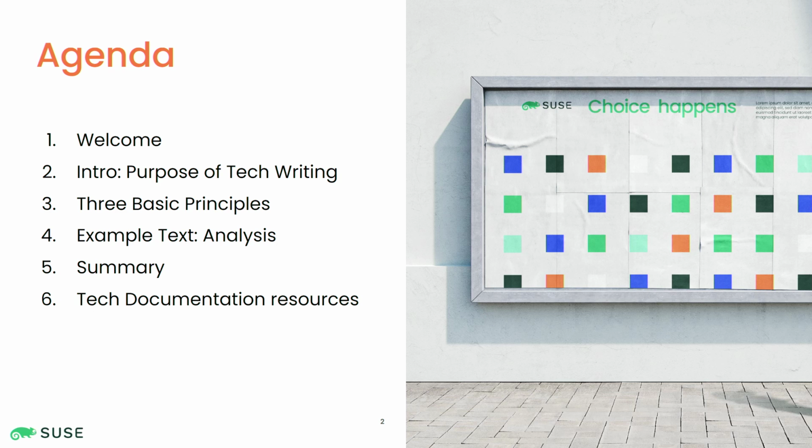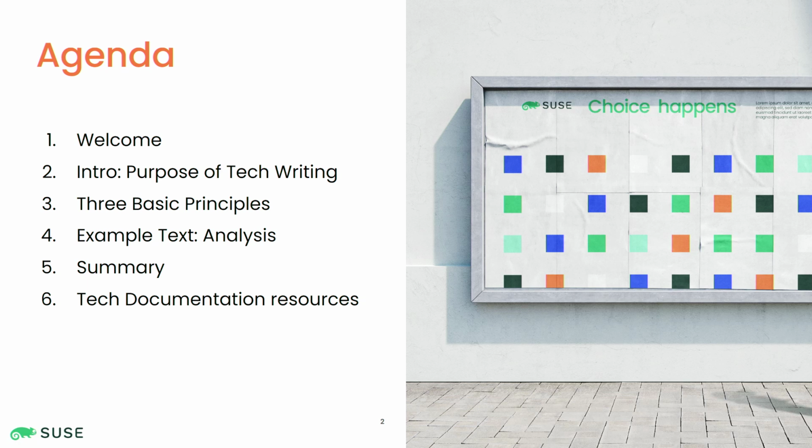And then the core of this talk is an example text that we have brought to you, which we will analyze together, and also Daria and I will present you a revised version of the text, and we'll look at it side by side and compare the 2 versions. And then, of course, we would like to wrap it up in the end, and provide a short summary. And of course, if you are interested to know more, we have also some resources that we can point you to.